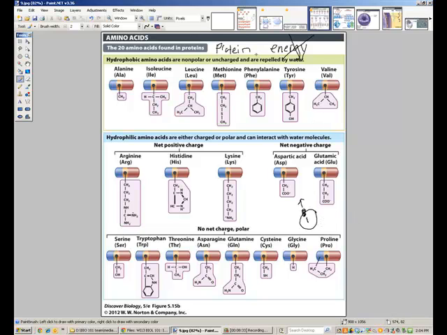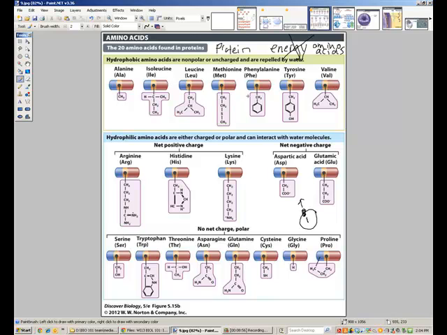Okay, so how do we build proteins? That's from amino acids. And amino acids are the monomer of proteins. And you guys know that. You know that there are essential amino acids, and you can see that all of these are amino acids. So the repeating part of the amino acid is this blue, yellow, red, right?